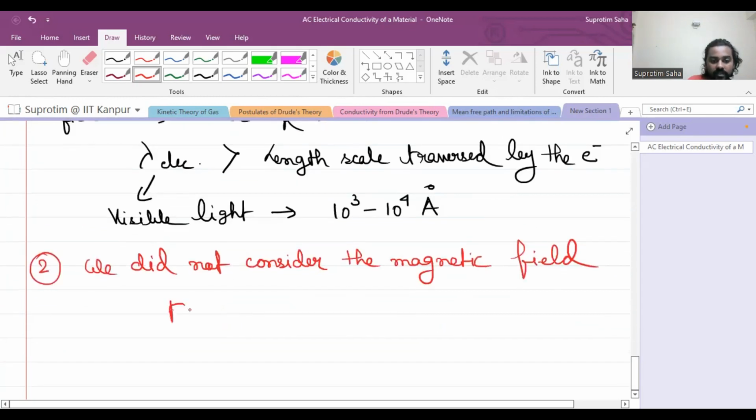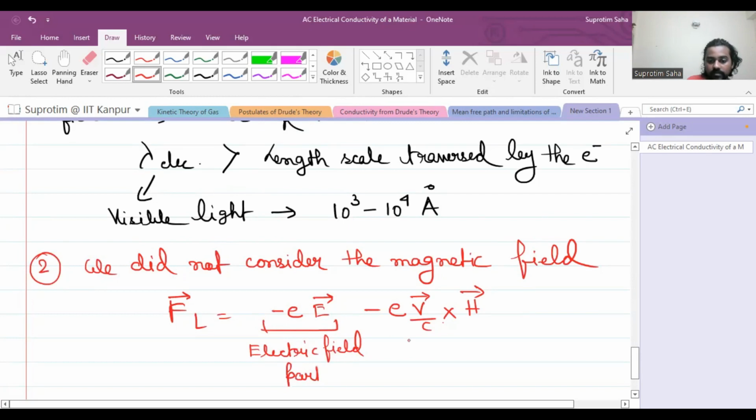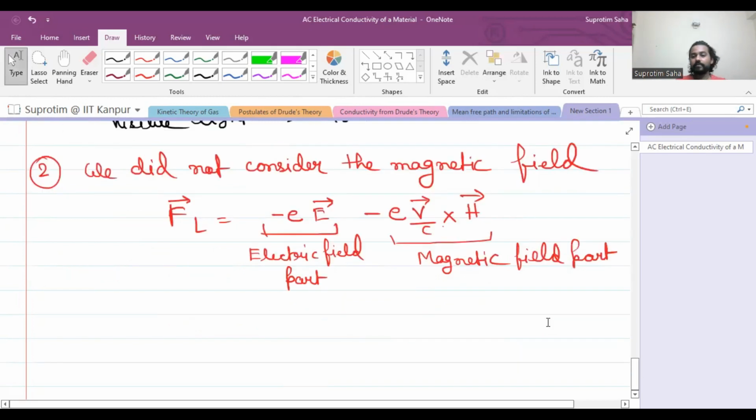The total Lorentz force is given by F_L equals minus e times E vector plus E vector by c cross H. This is the electric field part, and this is the magnetic field part. Now we have to carefully calculate the order of magnitude to see whether we can ignore the second. We'll see that we can safely ignore it.